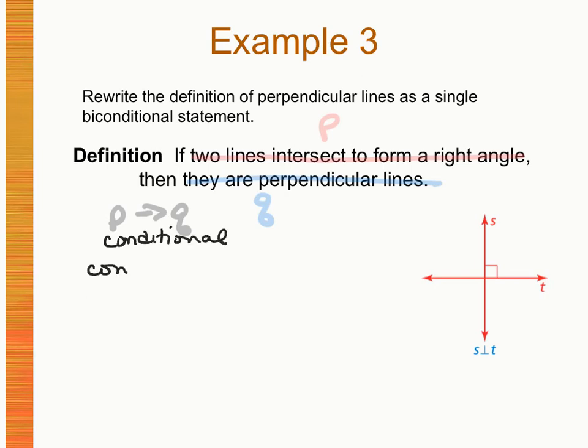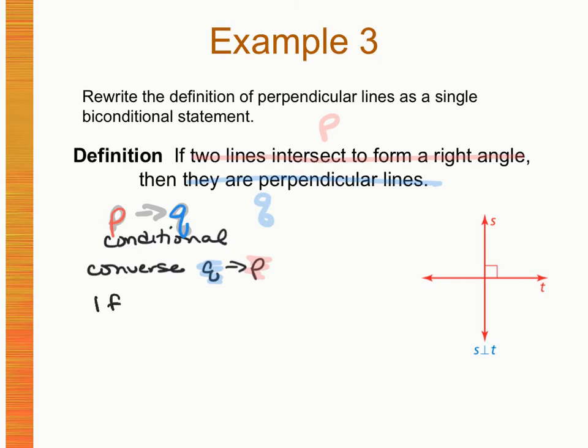And then the converse, remember, we flip it, and then it's Q then P. So this would be P, and then Q, and then here I could highlight. All right, so let's go ahead and write the biconditional. I can write it based off of the converse, so let me write the converse first. So I would flip it.